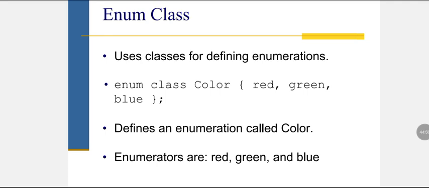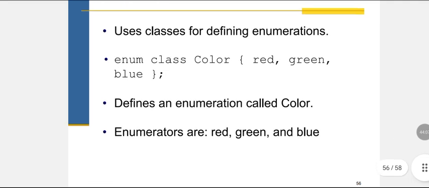We have enum class color, then we have red, green, and blue. Two, it defines an enumeration called color. The enumerators are red, green, and blue.